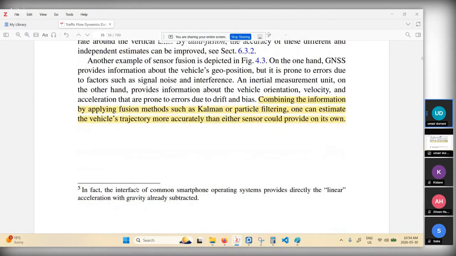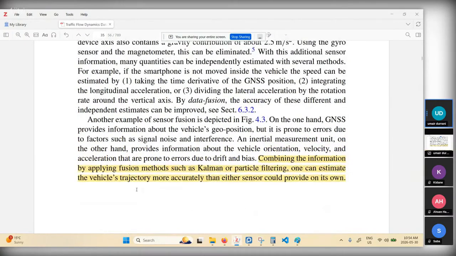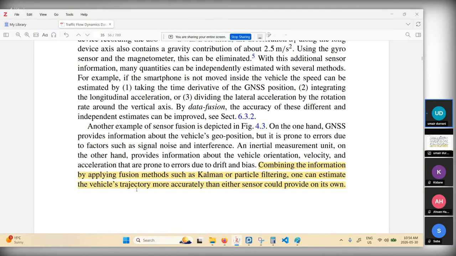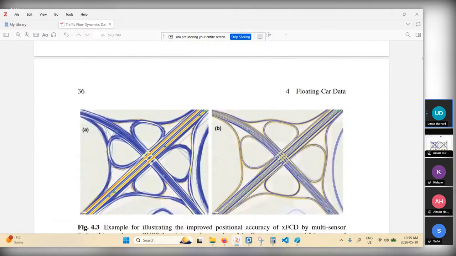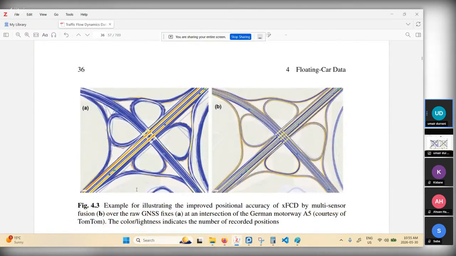Here they mention combining the information by applying fusion methods such as Kalman or particle filtering. One can estimate the vehicle's trajectory more accurately than either sensor could provide on its own. By either sensor, they mention GNSS and the smartphone. So we get the same information from both, but when we apply these filtering methods, then we can actually get an accurate picture of the floating car data when we fuse the data.